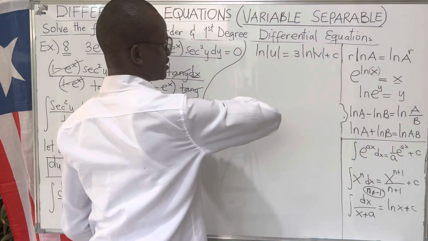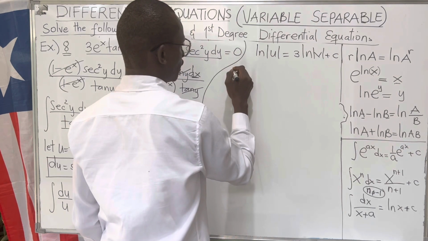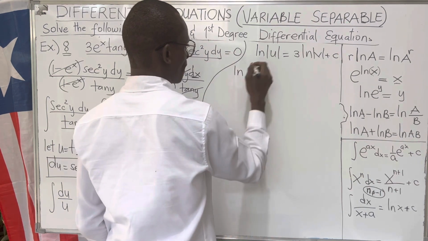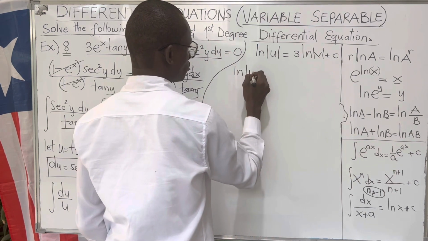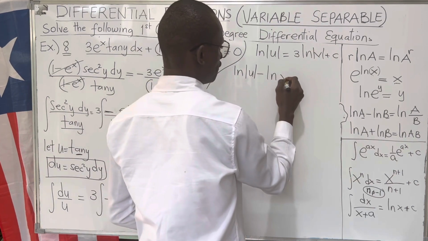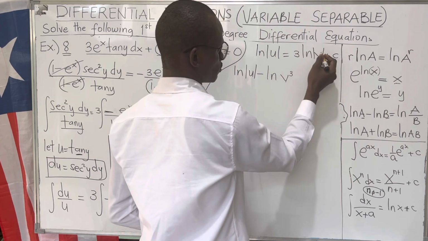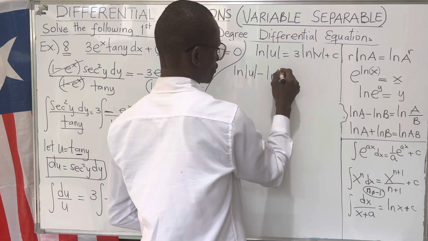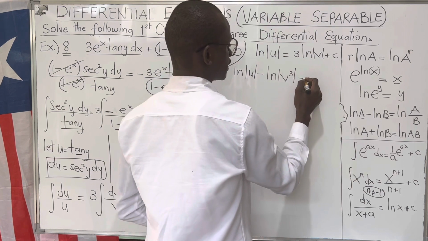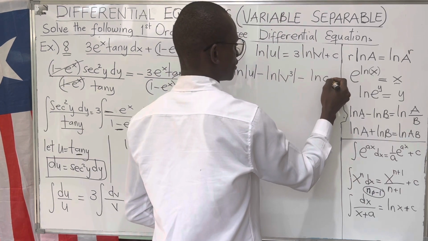So if we just bring everything on one side of the equation, we can have the ln of u minus the ln of v raised to the third power, because this 3 can go to the power of this function. Minus, now this c, we can just make it to be ln of c.